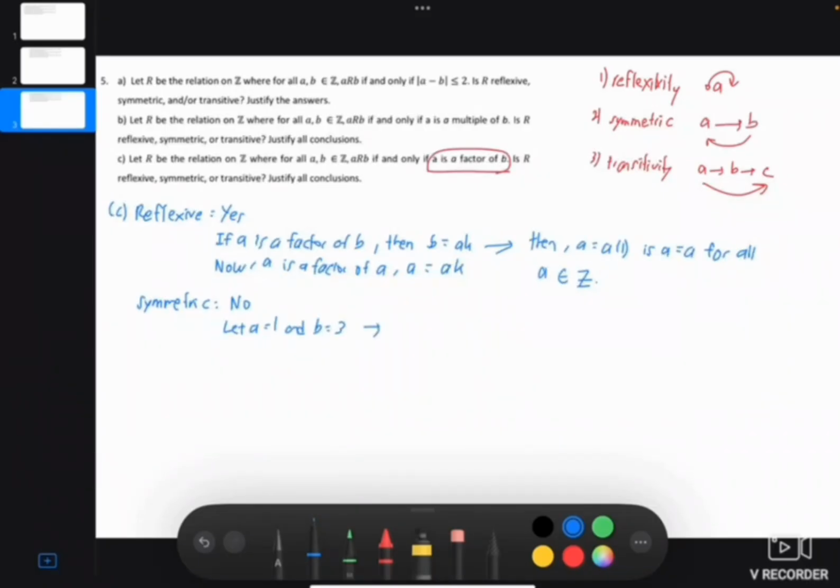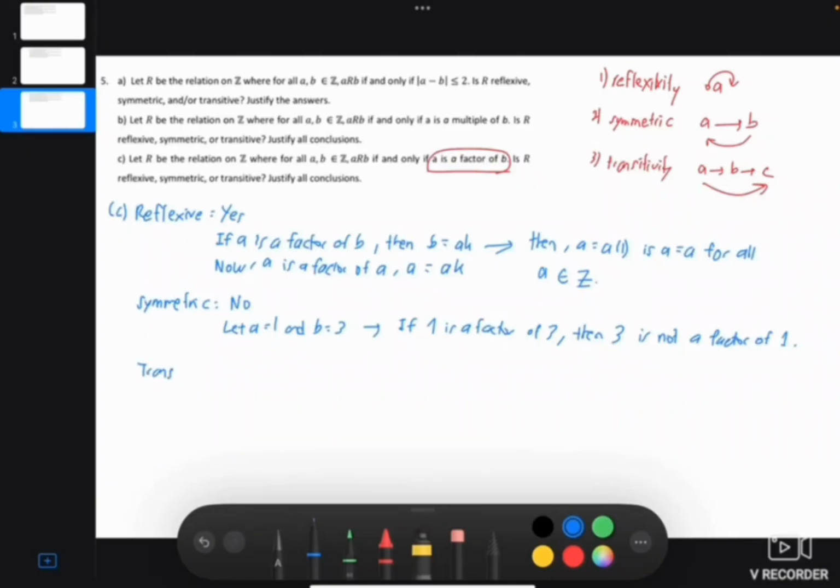We can clearly see that 1 is a factor of 3, but 3 is definitely not a factor of 1. So since it does not satisfy our definition of symmetry, which means that A needs to relate to B and vice versa, we can say that this relation R is not symmetric.